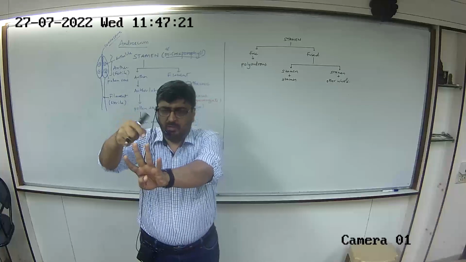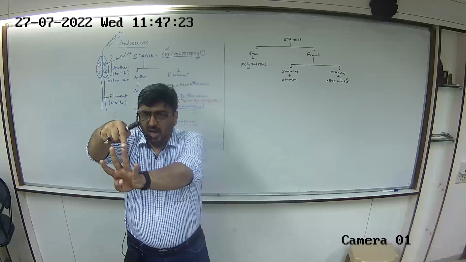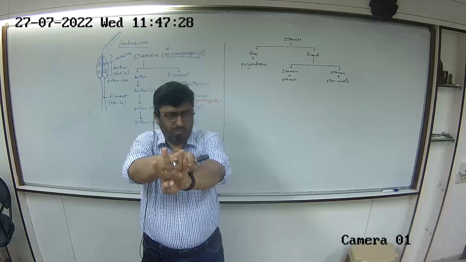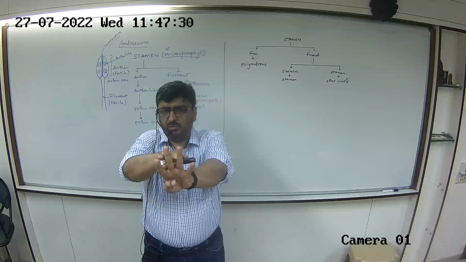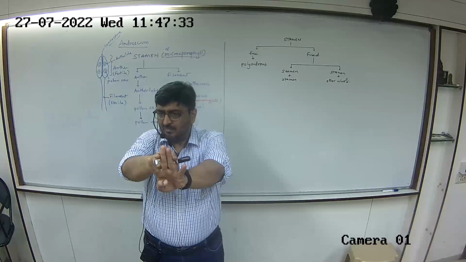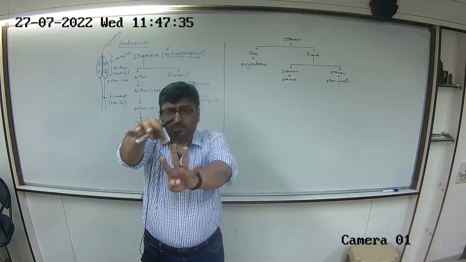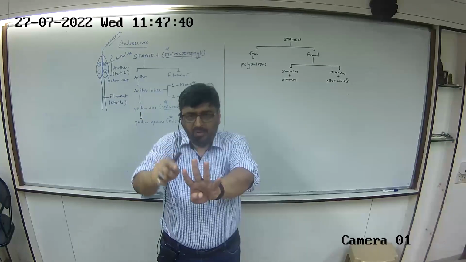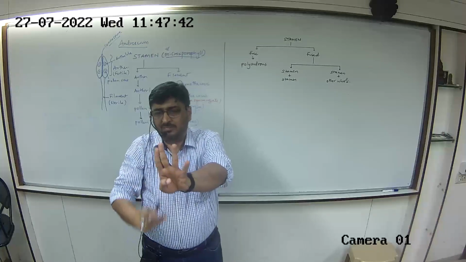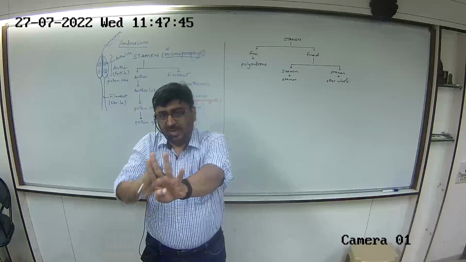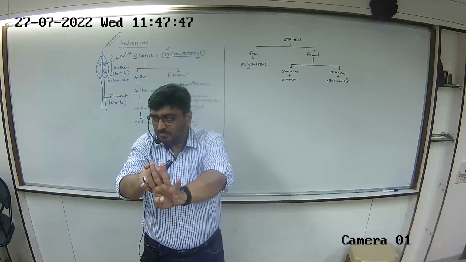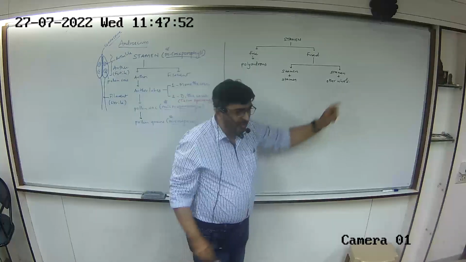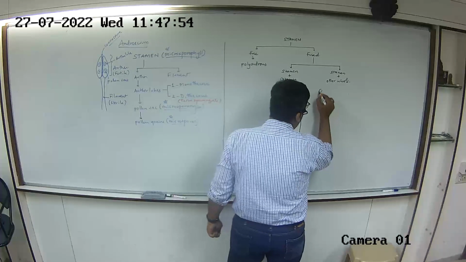Now tell me, if this is the androecium, can androecium fuse with gynoecium? Yes, it can fuse. Can androecium fuse with the petal? Can androecium independently fuse with sepal? No. Who is in between? But if calyx and corolla is perianth, can androecium fuse with perianth? Yes. So there are three possibilities, right? What are the three possibilities here?